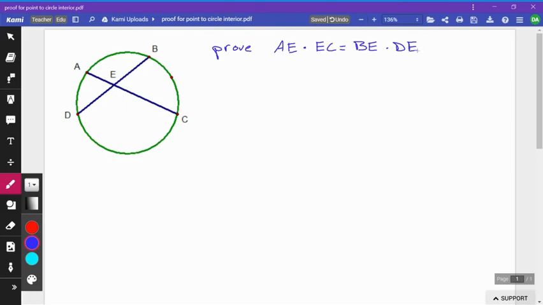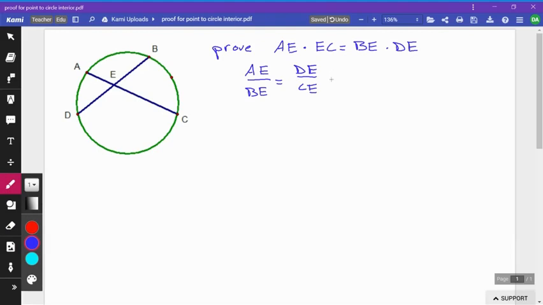Now, the last time we saw this idea was when we had something like this, where we had AE over BE, and that was going to equal, I'll just write it as DE over CE.